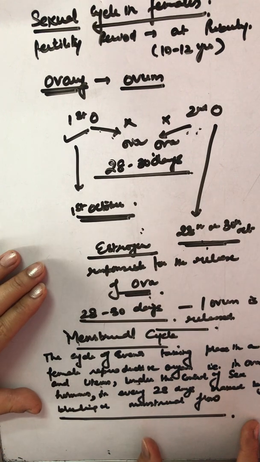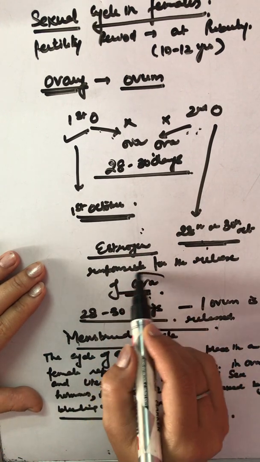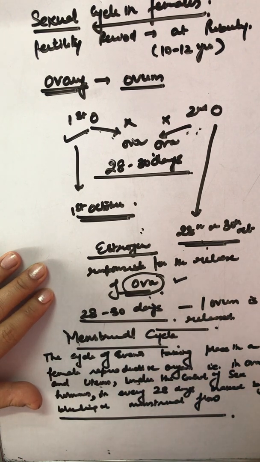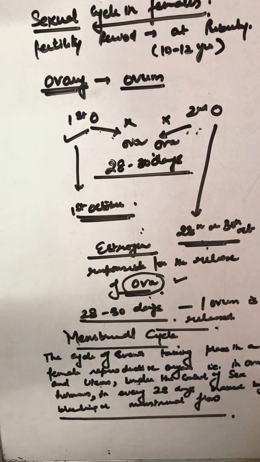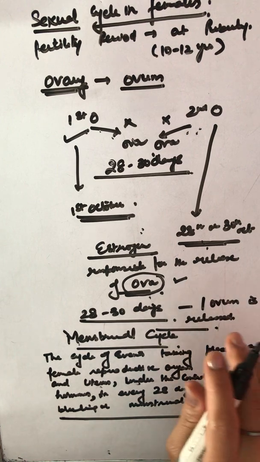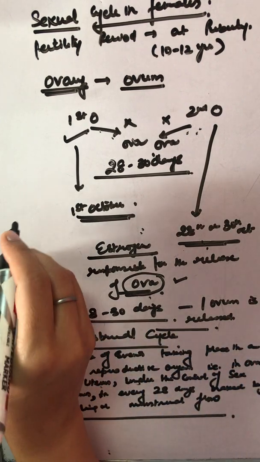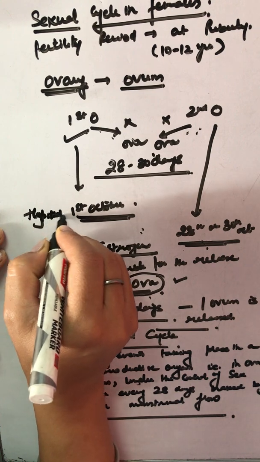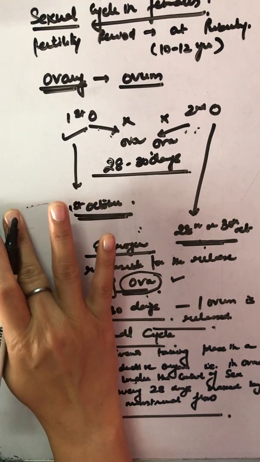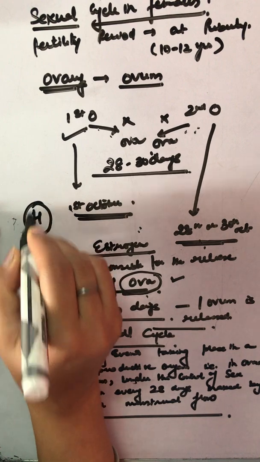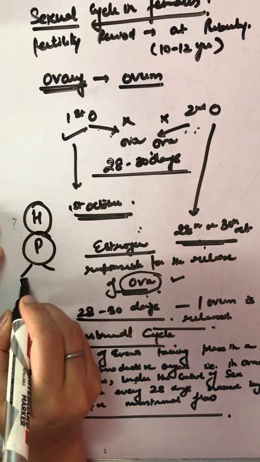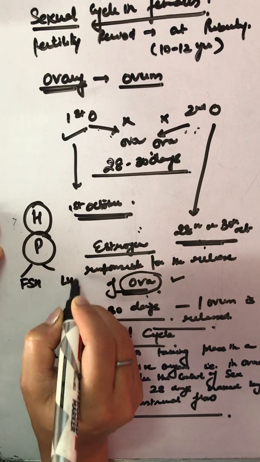See the control center for the production of this gamete ova, right? It's the hypothalamus and the pituitary gland. Hypothalamus stimulates the release of follicle stimulating hormone and LH from the pituitary gland. So from the hypothalamus and the pituitary gland together comes the secretion of FSH and LH.